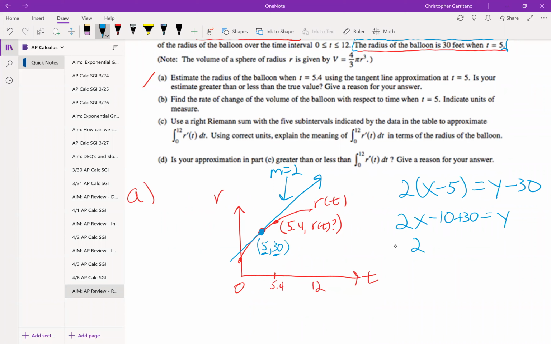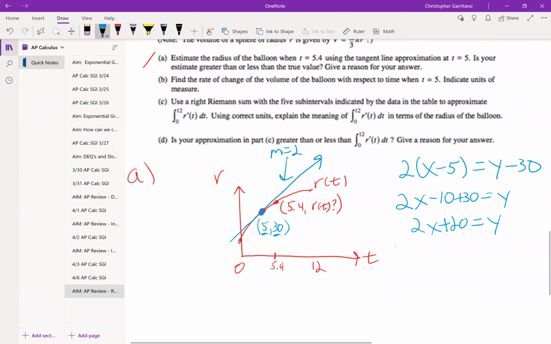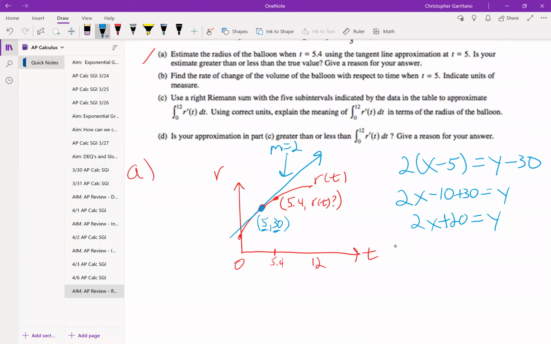And 2x plus 20 is equal to y. So that's the equation of this tangent line, and that's actually going to be the linear approximation that we use for part A. So I'm going to call this actually L of x.